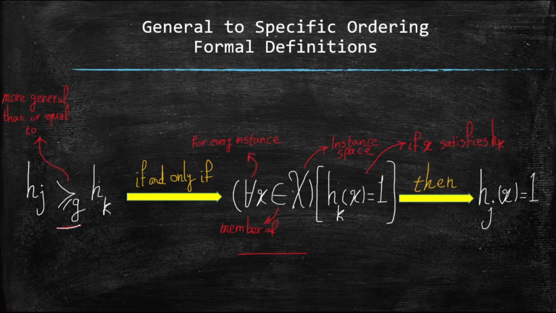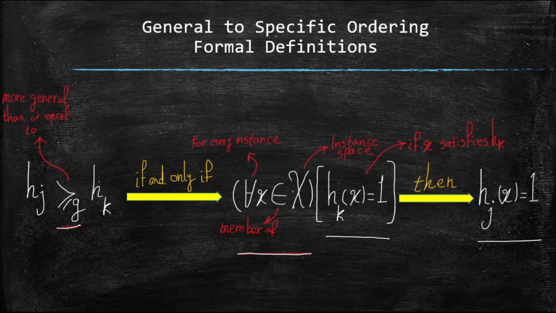And we said that hypothesis J is more general than hypothesis K if and only if for any instance in our instance space, all of them that can satisfy hypothesis K can also satisfy hypothesis J. So this is the only circumstance under which we can say that hypothesis J is more general than or equal to hypothesis K. Basically anything that can satisfy H of K should also be able to satisfy hypothesis J, which we've denoted with H of J.